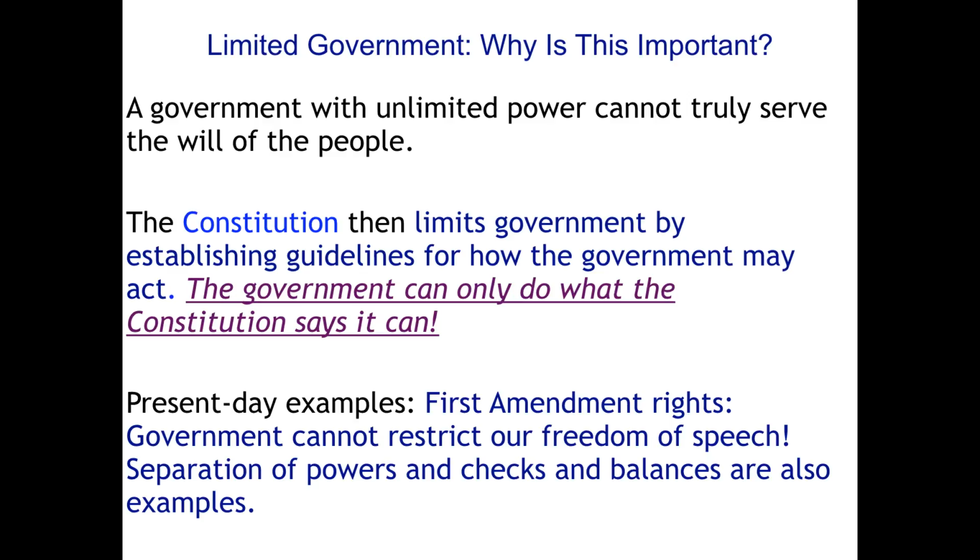Therefore, you cannot order changes in the law just because you don't like the way the law is written. That is certainly the court checking the executive branch with the agreement of the legislative branch.